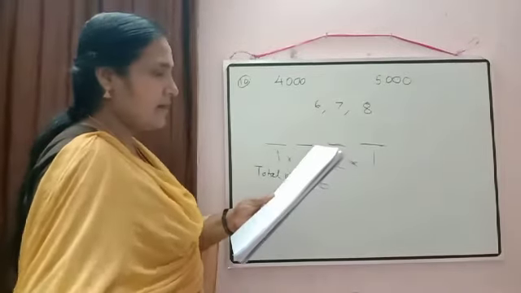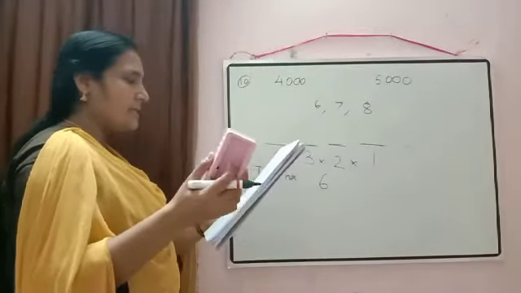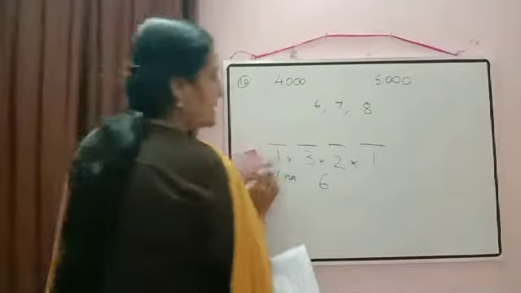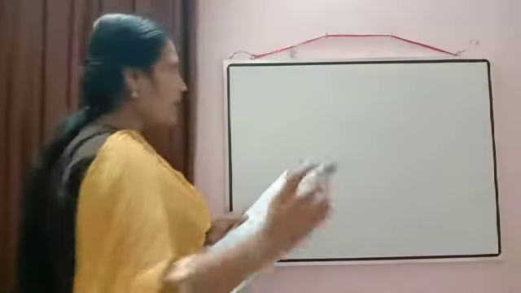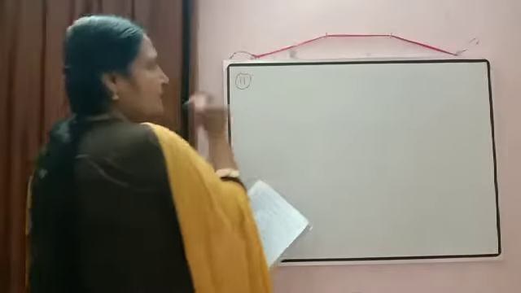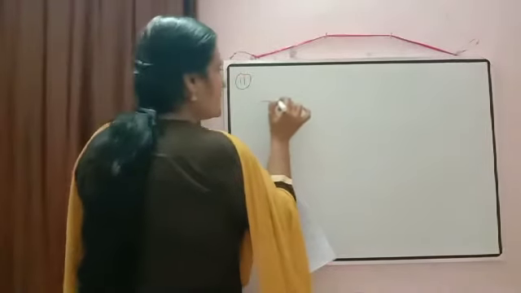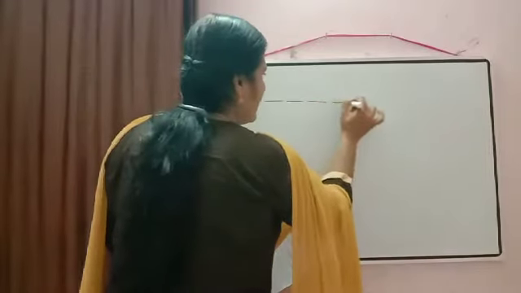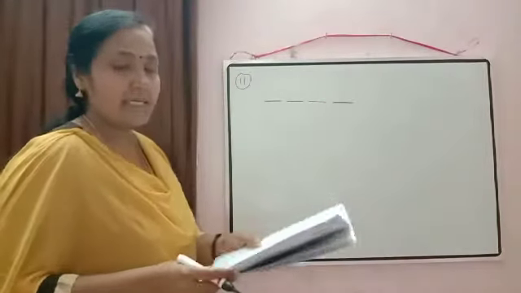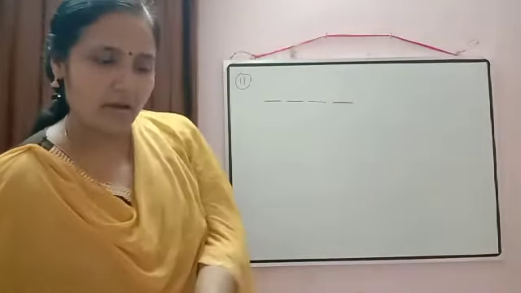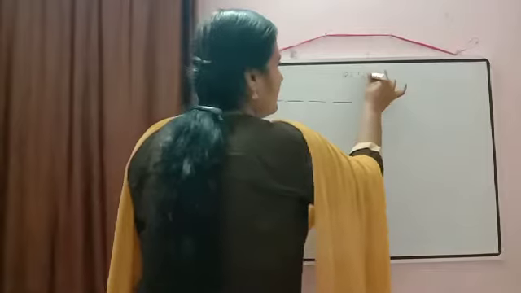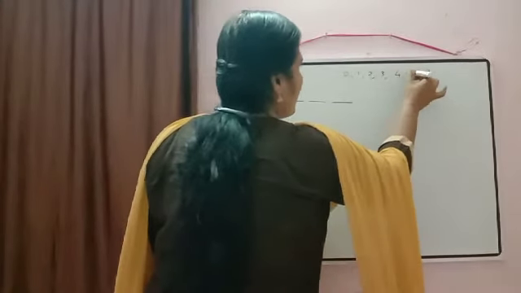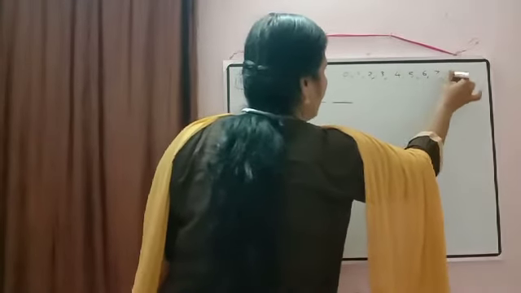Next one, it is written, how many 4-digit numbers are there with distinct digits? 4-digit numbers we have to make. The condition is that digits should be distinct, which means repetition is not allowed. Okay. Now the numbers available with us are 0, 1, 2, 3, 4, 5, 6, 7, 8, 9.